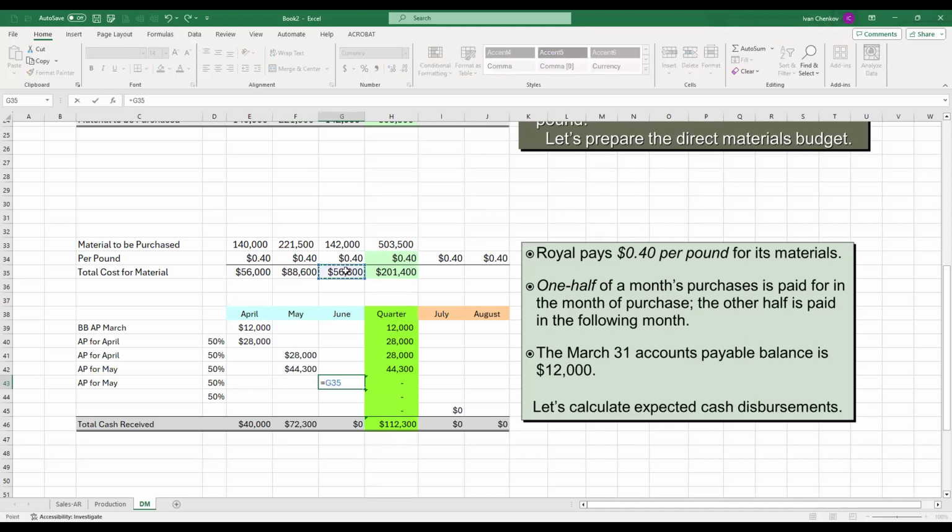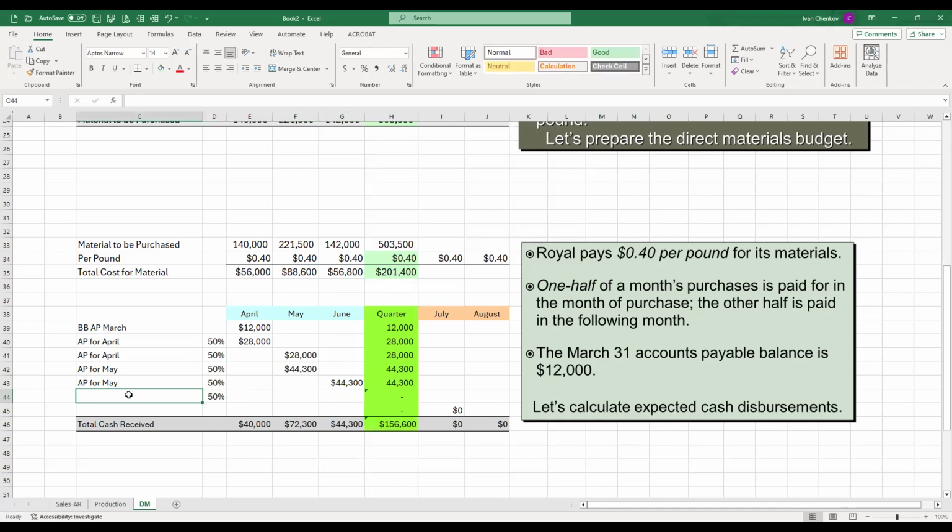Let's get it down. Not this one, this one. Sorry. It will be this one times 50%. What else are we going to pay in June? Half of the accounts payable for June, correct?